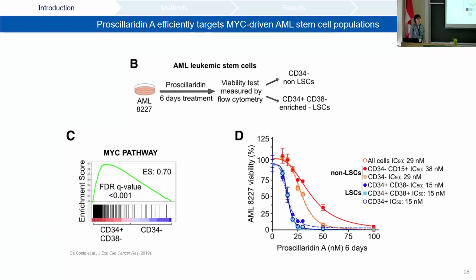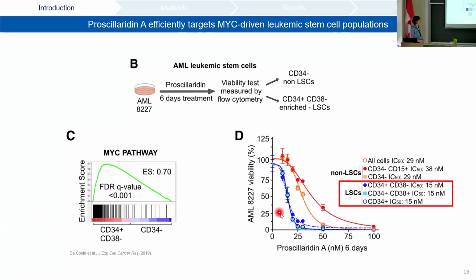And because of that, in our model later on, we will assume that hematopoietic stem cells behave similarly to these AML CD34 negative cells. Looking at the viability curves, they saw that prostaglandin A was much more toxic to those LSCs in blue than the non-LSC population here in red.